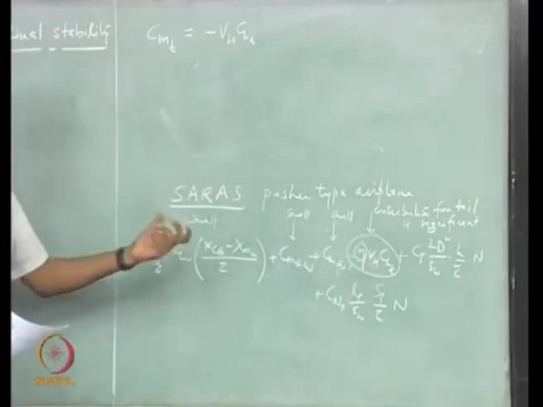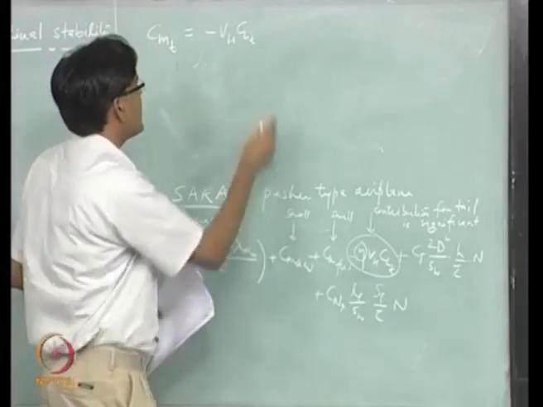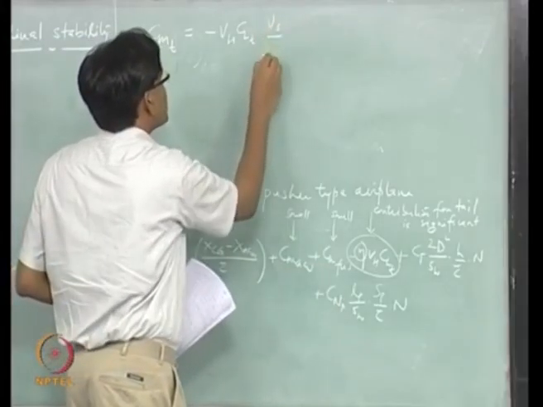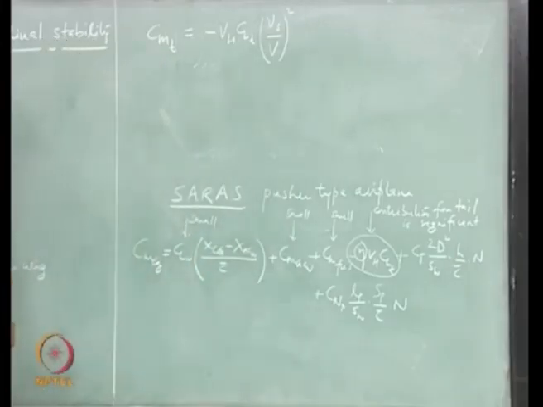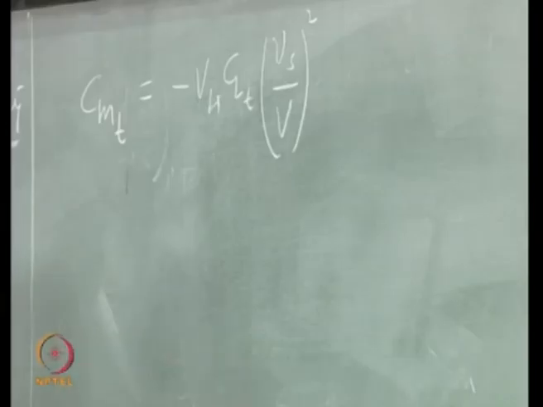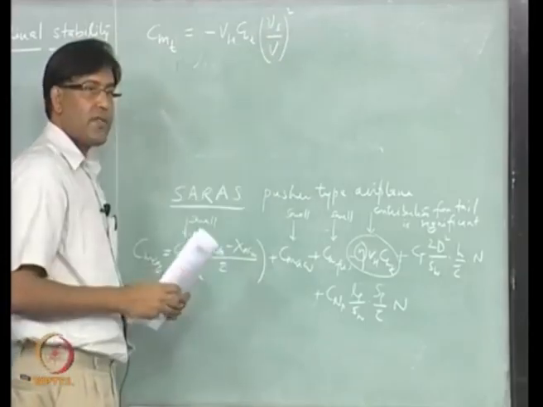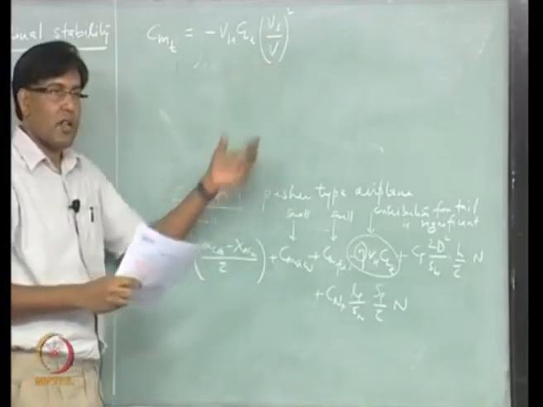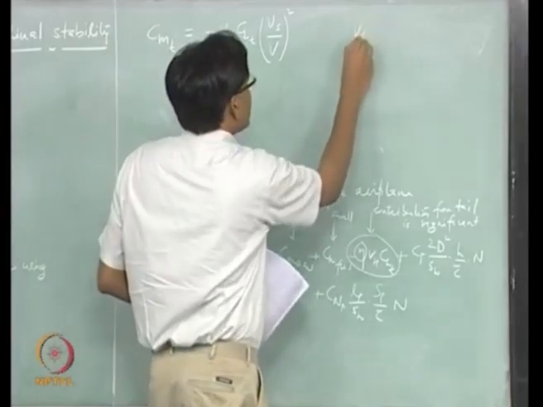quantity, which is the ratio of the dynamic pressures, that is going to change, and it is Vs over V squared. This is a function of the thrust coefficient.